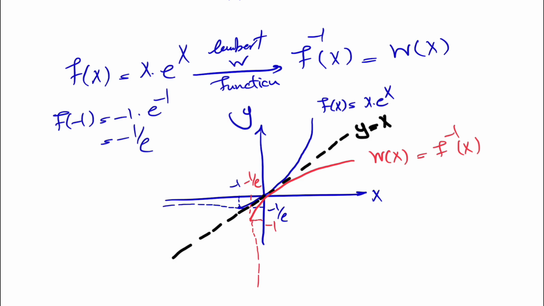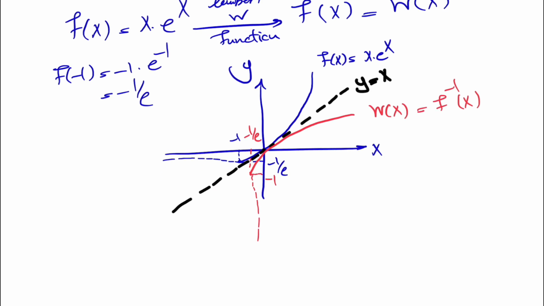So the reason I brought this up is that I want to go over the domain and range of the Lambert W function in order to figure out what real numbers we get. The dotted line that I have for the W of x function is the complex answer that we have for the Lambert W function, and the domain of the Lambert W function is from -1 over e to infinity, and the range would be from -1 to infinity.